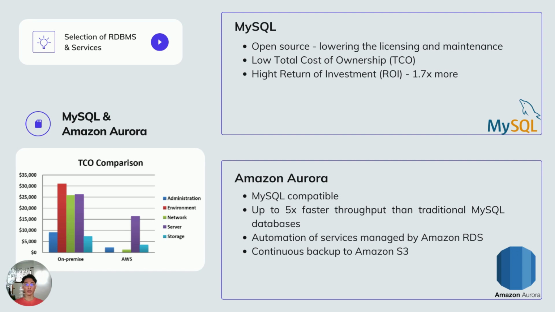MySQL is open source, so it results in lowering the licensing and the maintenance cost, and it also has a low total cost of ownership with high return on investment. Amazon Aurora is MySQL compatible with up to 5 times the throughput speed compared to a traditional MySQL database, and it also supports automation of services by Amazon RDS and continuous backup to Amazon S3.